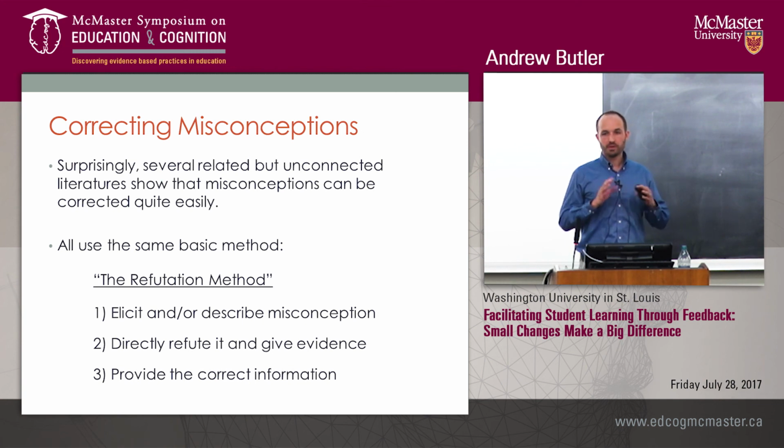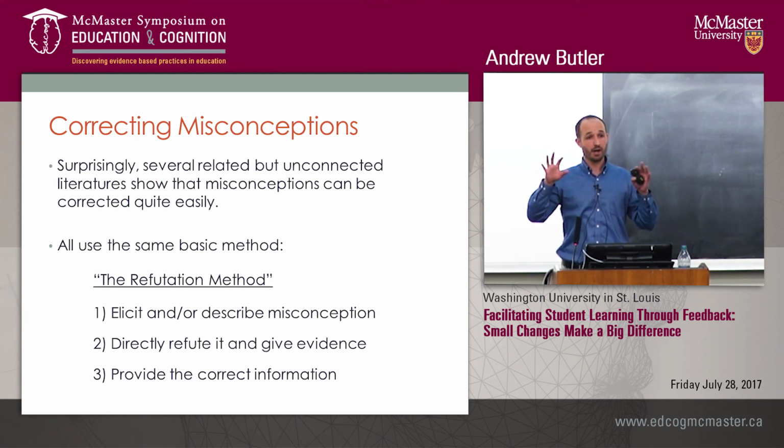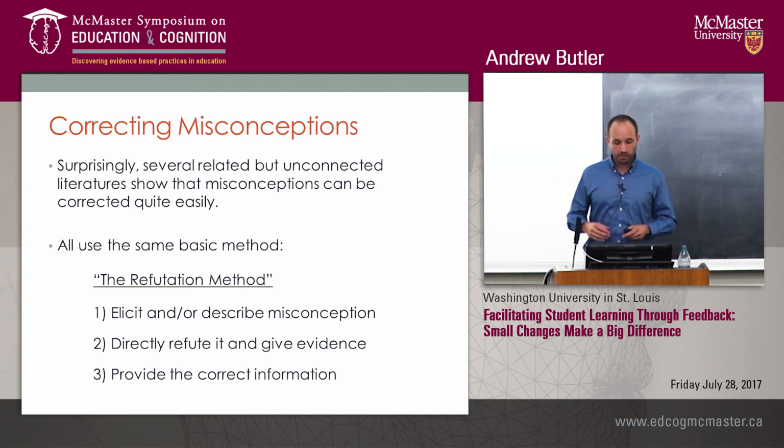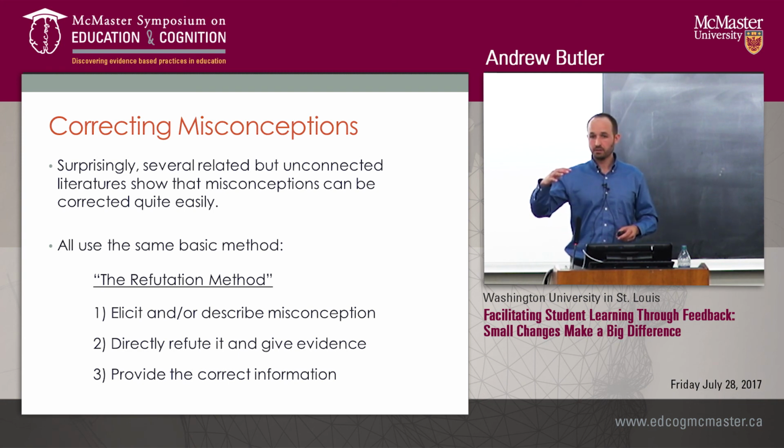There are a number of different literatures that are not connected but are highly related that show that using the same basic method, this refutation method, you can correct these misconceptions really effectively. Here's a refutation method. What you do is you elicit, right?